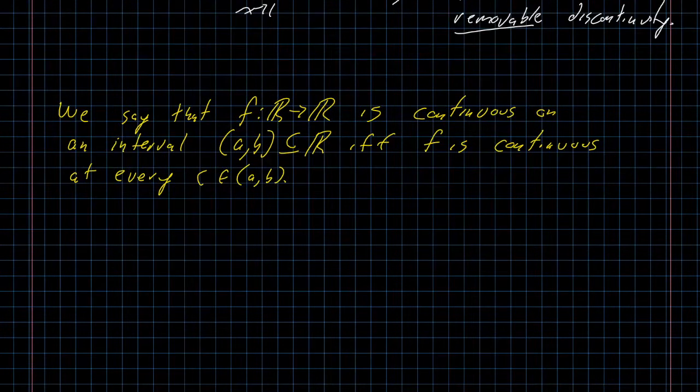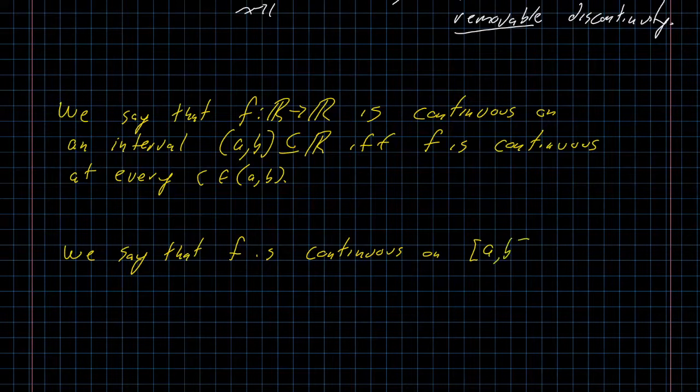Closed intervals are a little bit messier. We say that f is continuous on the closed interval from a to b if and only if, and this time we're going to need two conditions, I guess three conditions.